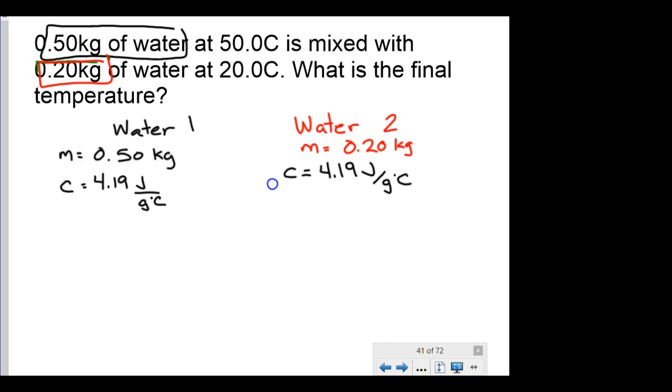Can you see an issue that we're going to have with mass? It's the same issue that we ran into with the last unit, or sorry, last question. This was in grams, this was in kilograms.